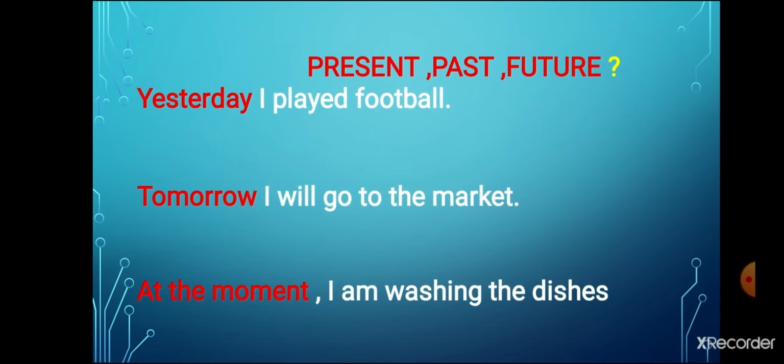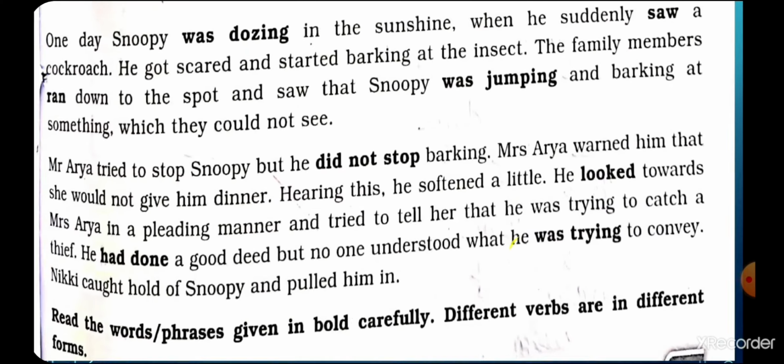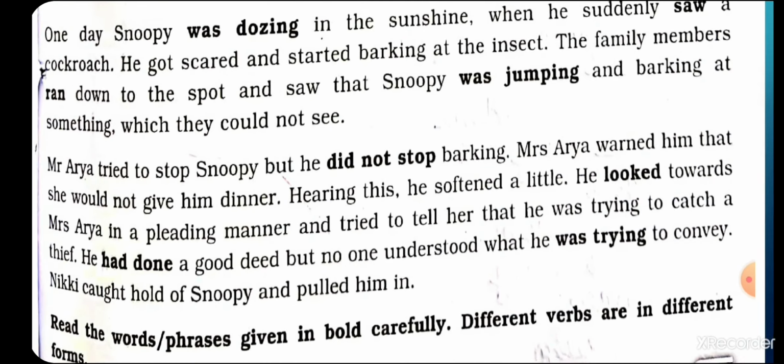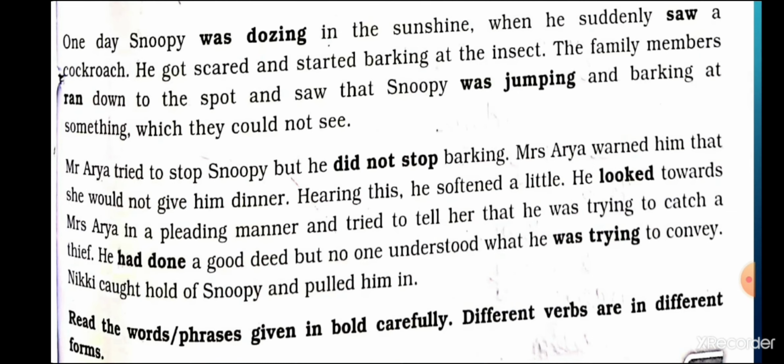Now students, look here. Suppose the first one, was dozing. It's past continuous, so past tense. Was jumping, again past continuous. Then had done, past perfect. Like this, students, we have used different verbs in different forms.